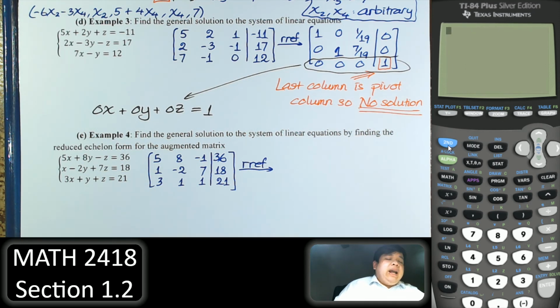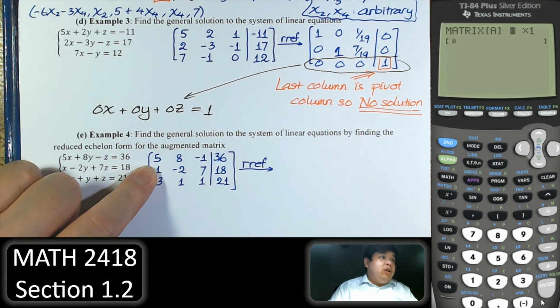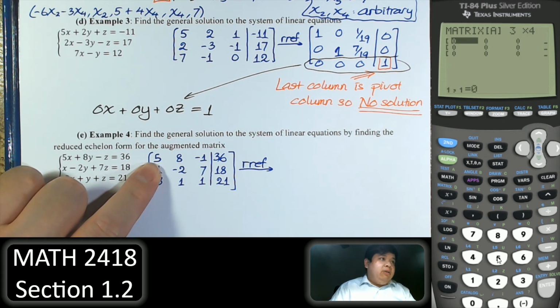Right. Now, if we cannot enter everything in the home screen, by that I mean when you hit alpha and zoom, you don't have this menu pop up, that's perfectly fine. Just hit second matrix, go to edit. Now we enter the 3 by 4, 3 rows, 4 columns. Right, 5. Here we can just use enter.